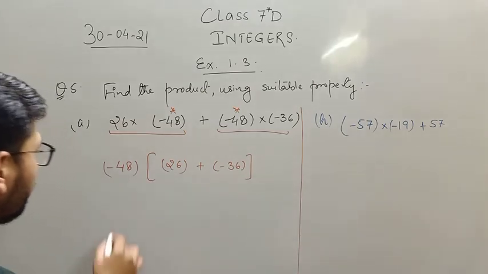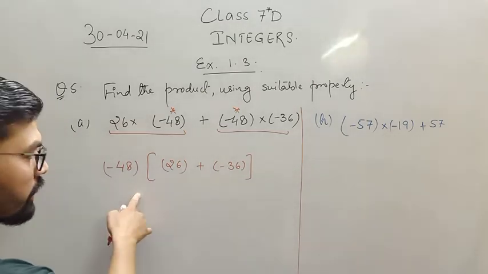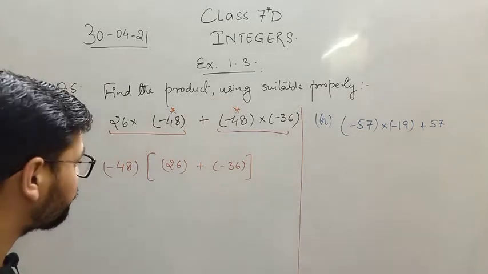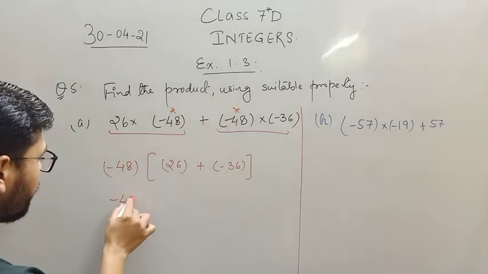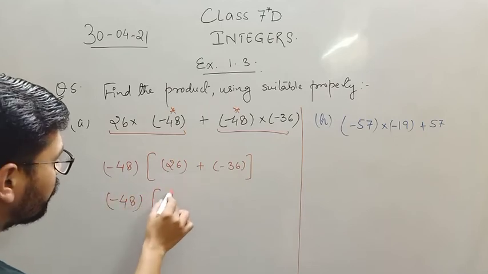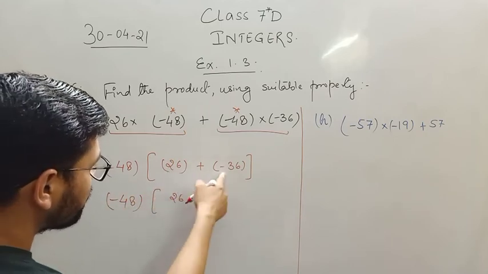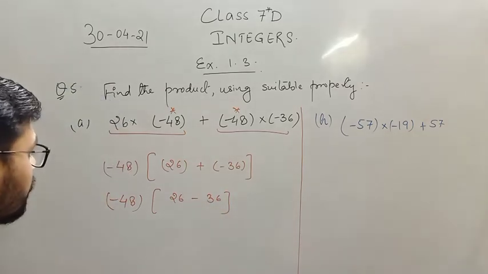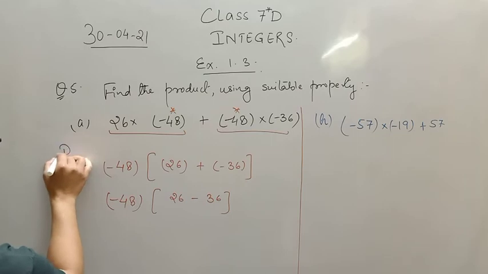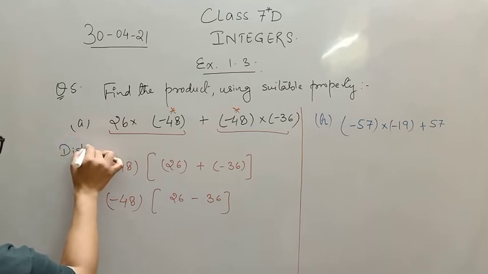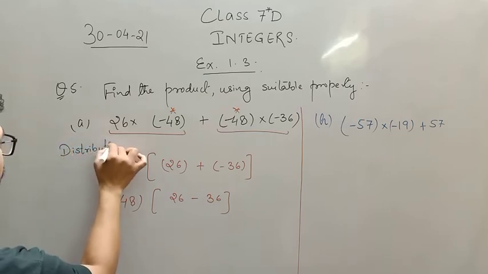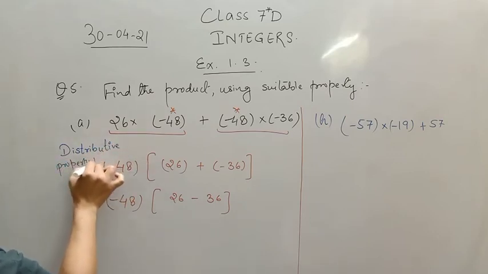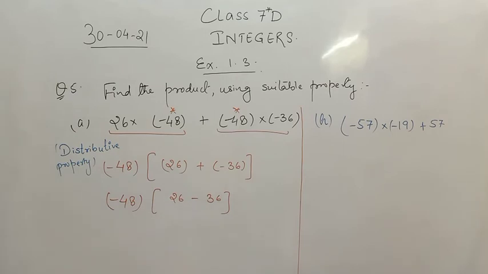So what we are actually doing is using the distributive property here. Minus 48 into 26 plus minus 36. You can write here, using distributive property.